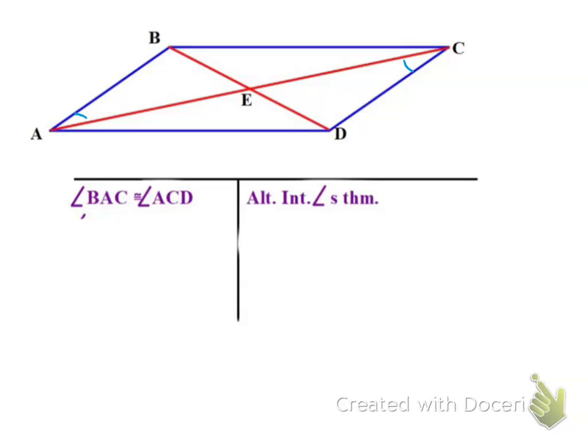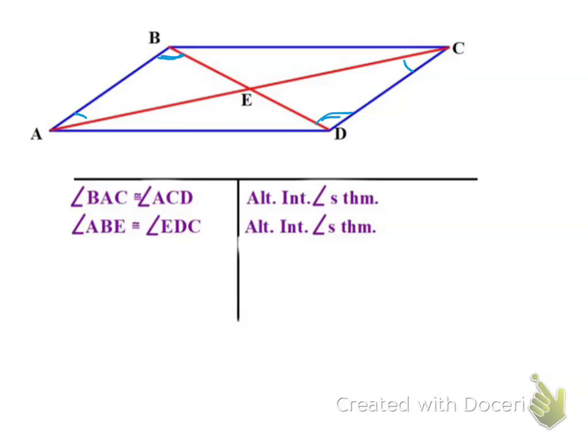All right. What else do I know? Well, I also know these two. I know that angle ABE right here is congruent to angle EDC right here. Alternate interior angles going between the other parallel lines. Right.